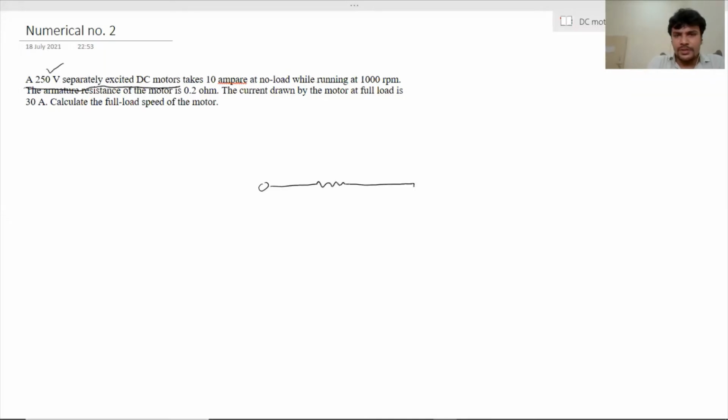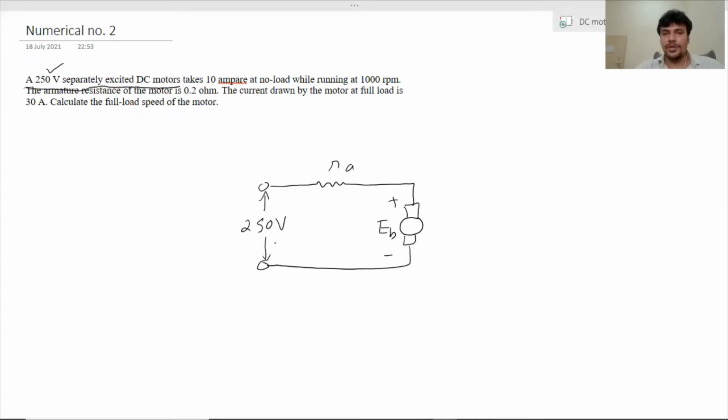So let us say this is the armature resistance, this is our armature. This is RA, this is EB. I'm again drawing the same circuit, so this will be very much familiar to you. And this is your 250 volt. We are applying this much voltage to the motor. So now you must be understanding the difference.